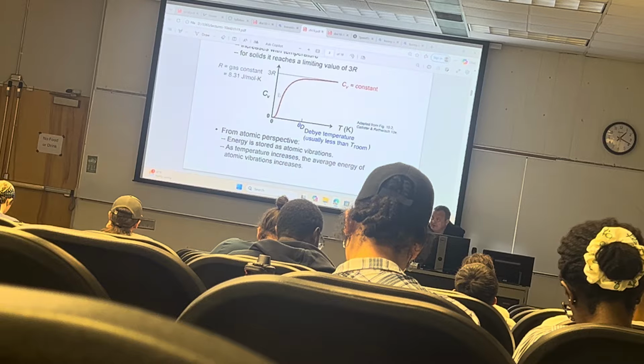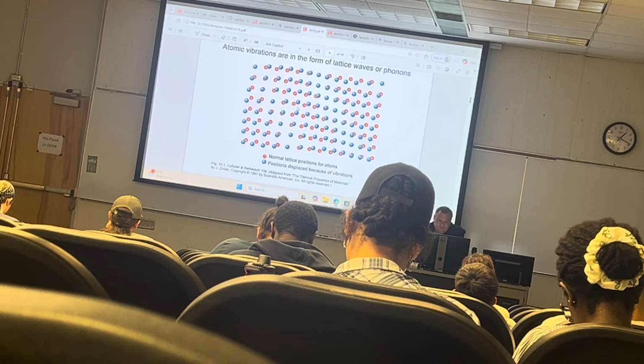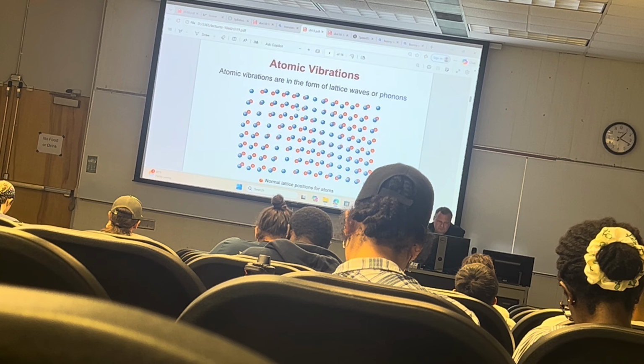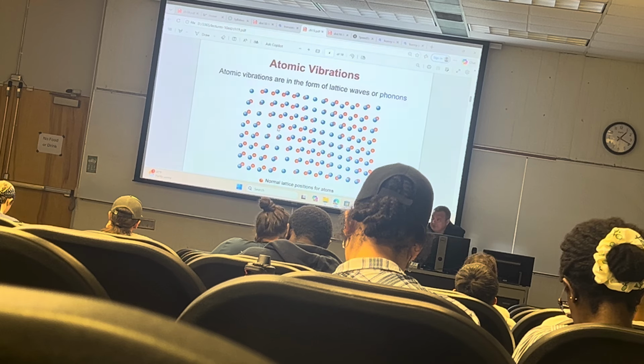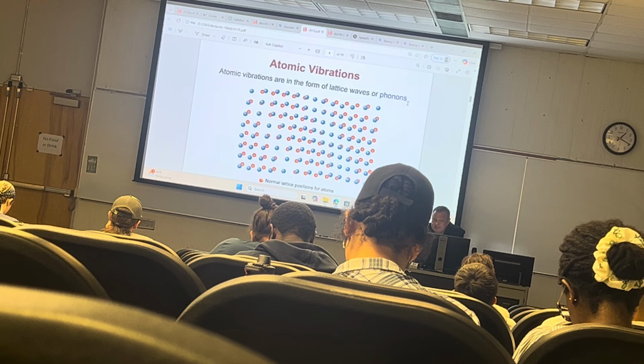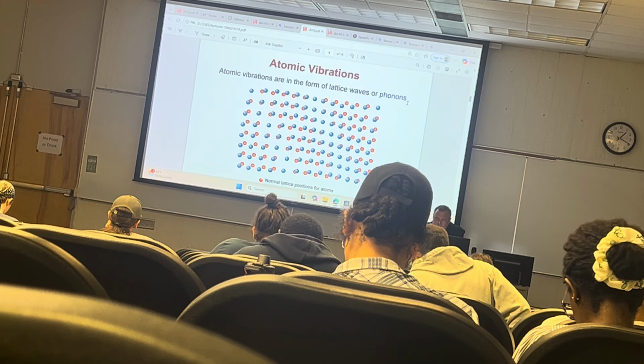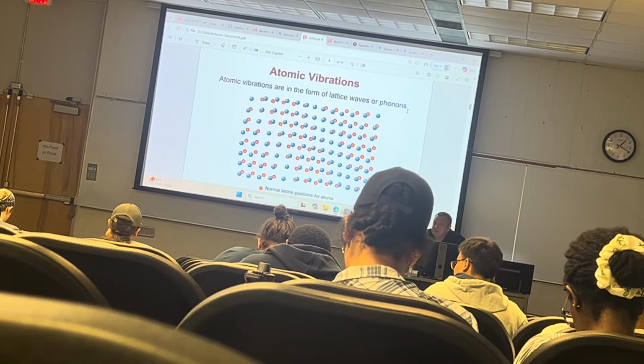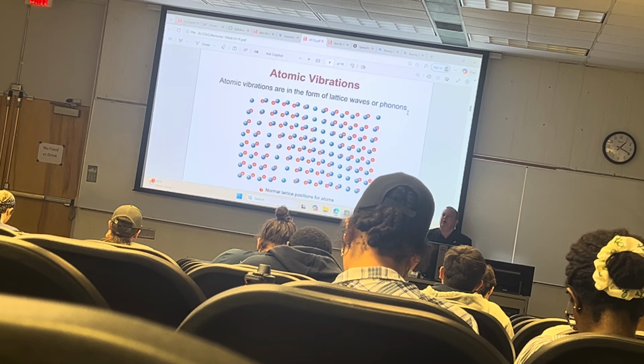You can see it's very nonlinear. The normal position of the atoms, and the blue ones is when they're vibrating. They're called lattice waves, or the other term is phonons.